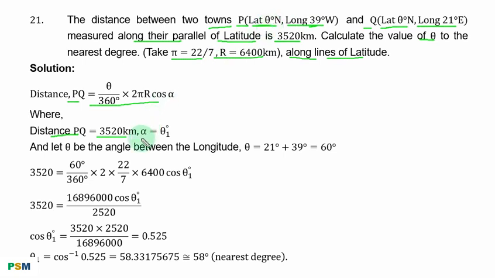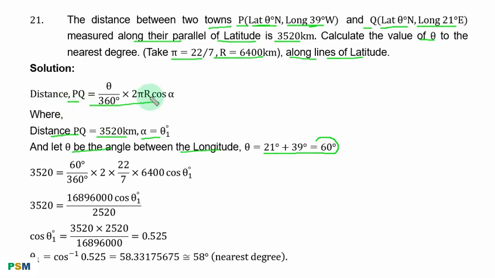Let alpha be equal to theta degrees sub 1, so that theta becomes the angle of longitude, the way we have been using it. And let theta be the angle between the longitudes. They are on different sides of the prime meridian. You have to add to get the angular difference, and that is 60 degrees.